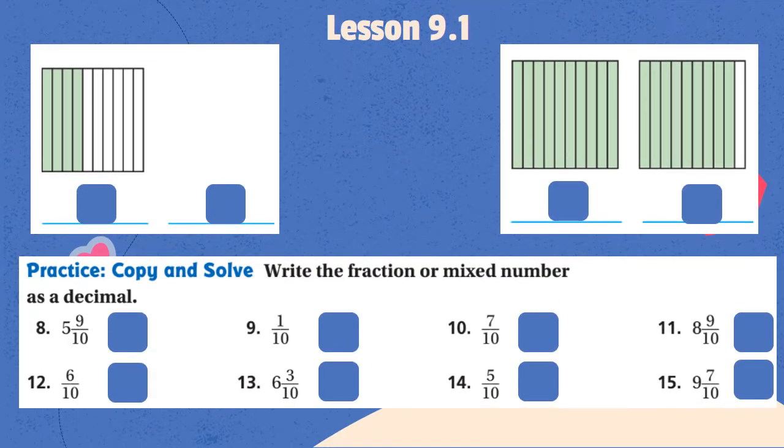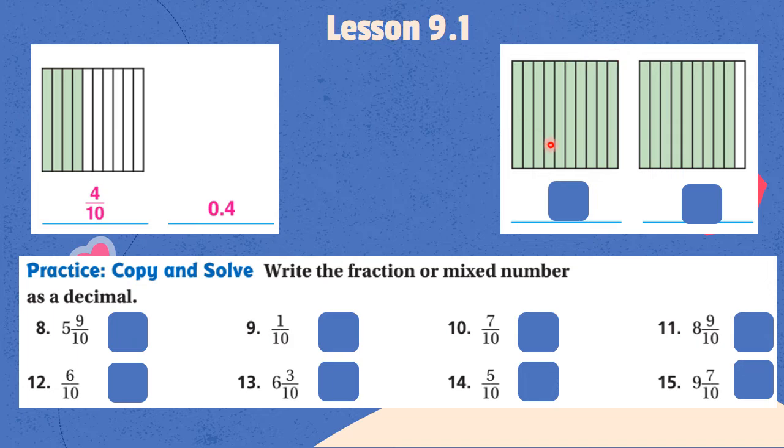Okay, last part in this lesson. We have 1, 2, 3, and 4. 4 out of 10. And we know 4 out of 10 is 0.4. Good job. So if we have no whole number, we're just going to write 0 point and then the number, because we have 10.